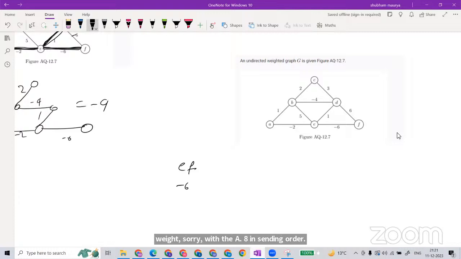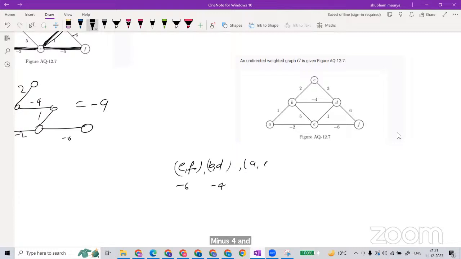So this is -6, and then next is BD with -4, and then next is A with -2, then after -2, 1.